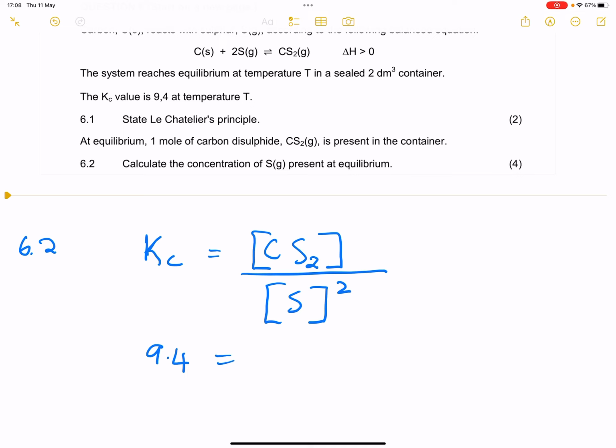For carbon disulfide, we had 1 mole, and we're supposed to calculate the concentration. So how are we going to get the concentration? That's number of moles divided by volume.